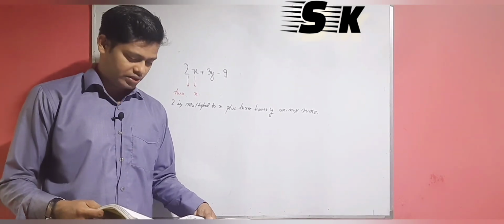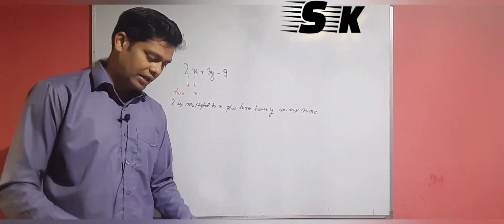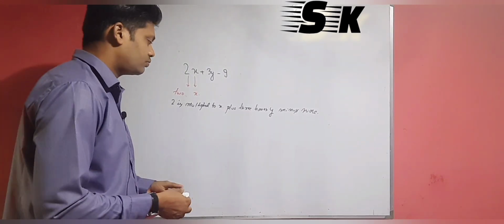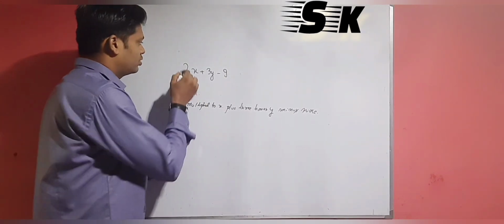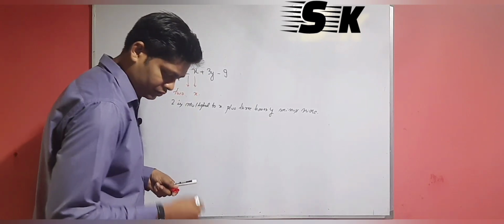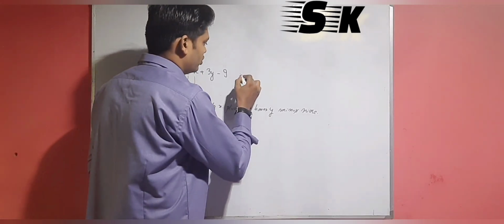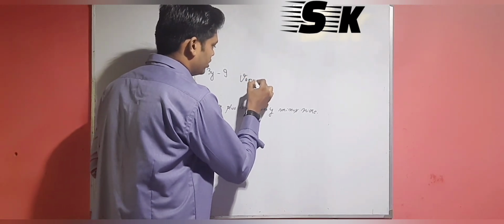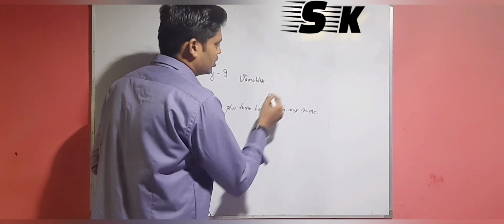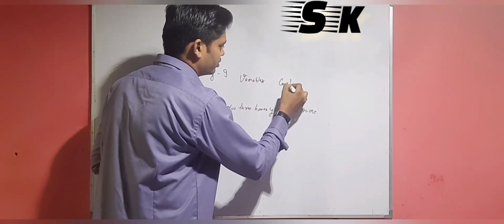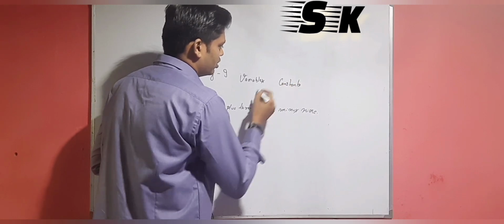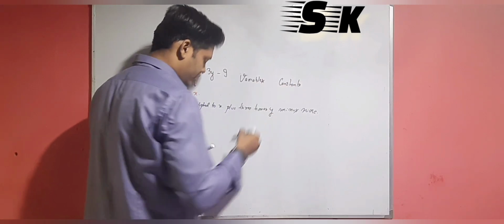First to understand, an algebraic expression is a combination of variables plus constants. These are two different terms.